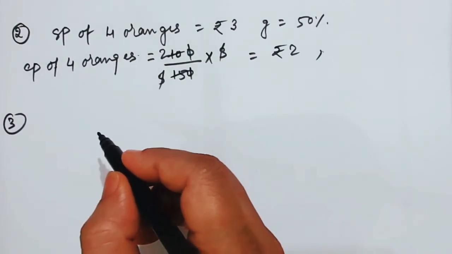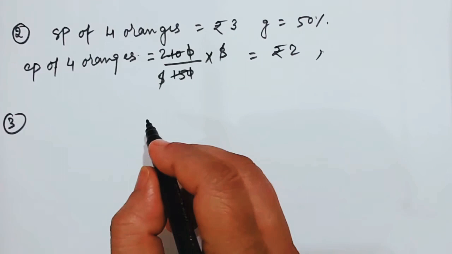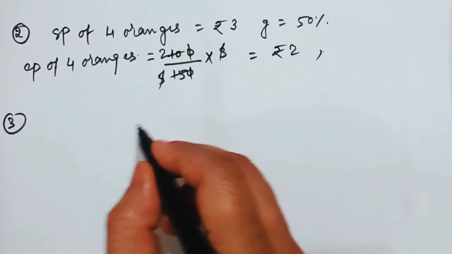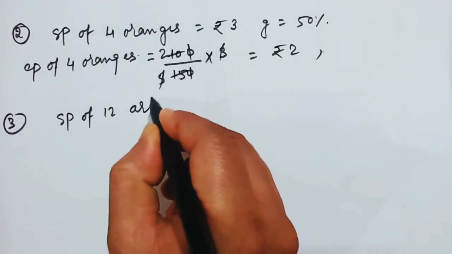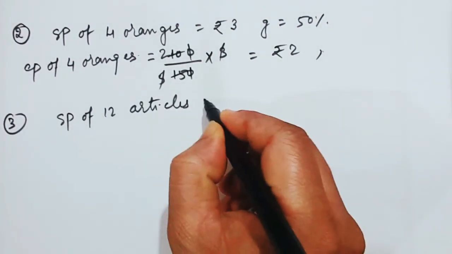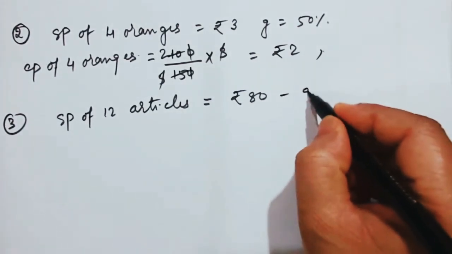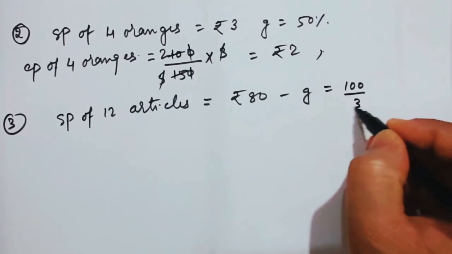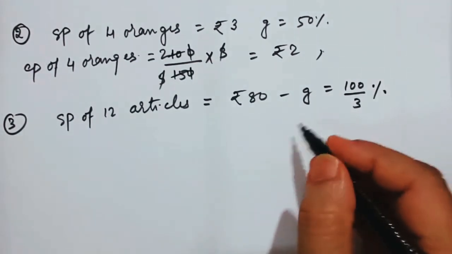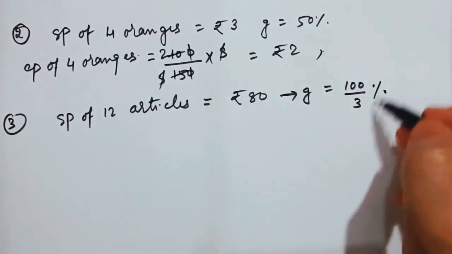Number 3. A man sells 12 articles for rupees 80, gaining 33 1 by 3%. So selling price of 12 articles is equal to rupees 80. Gain is equal to 100 by 3%, that is 33 1 by 3%.